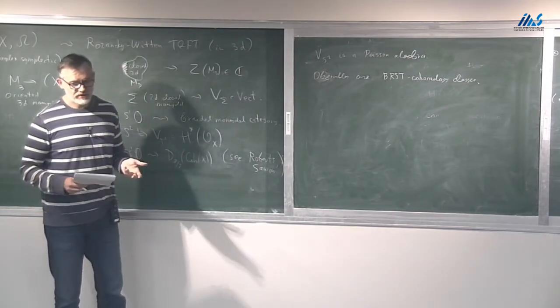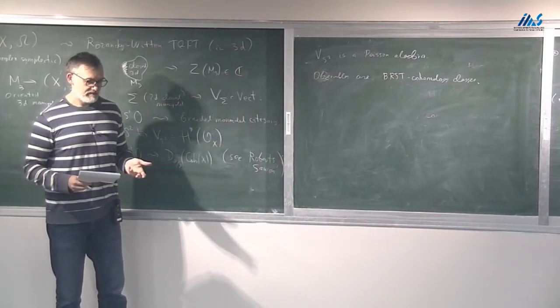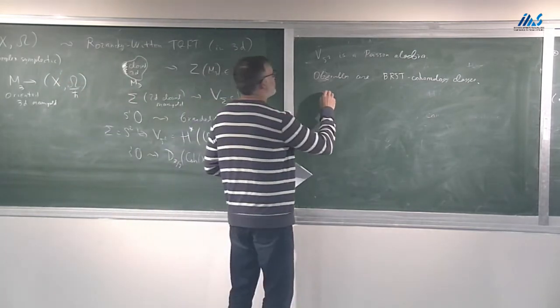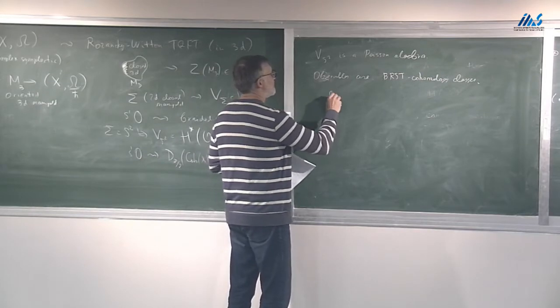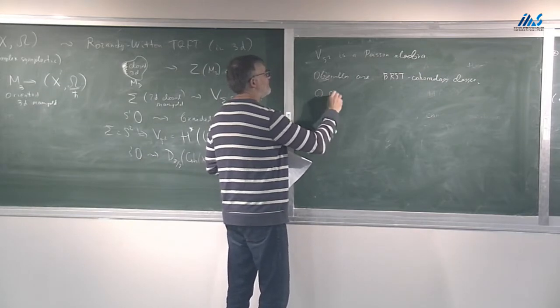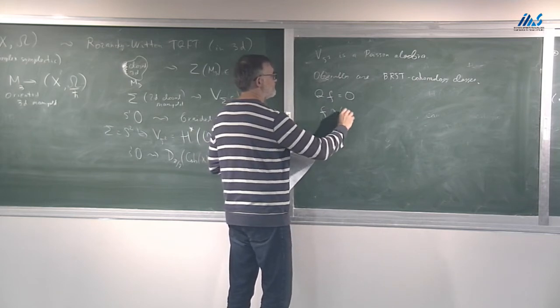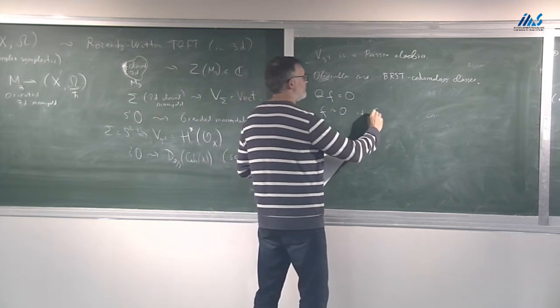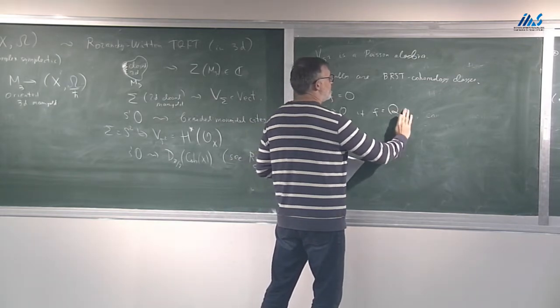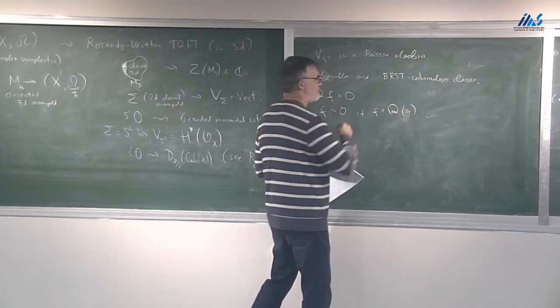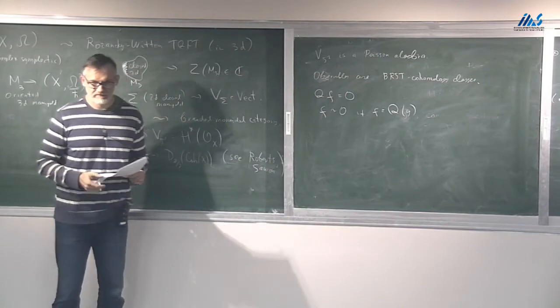And so you have some observable, some function annihilated by this guy, then f is trivial if f is itself obtained by acting by this vector field, which is called Q, on some other function.